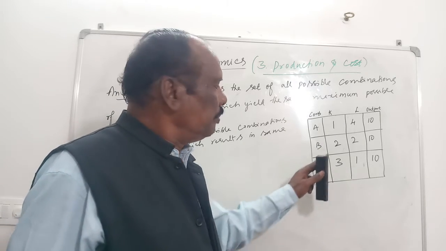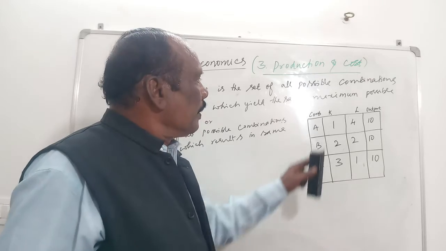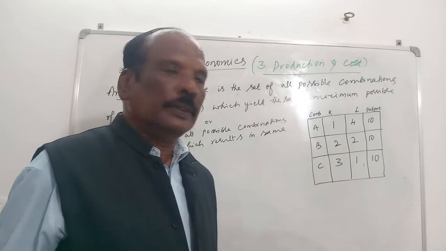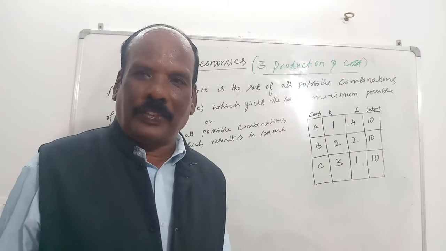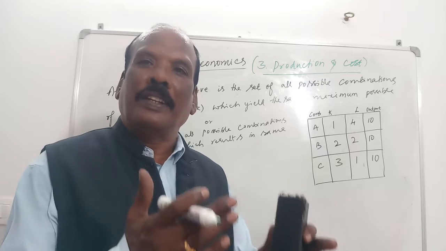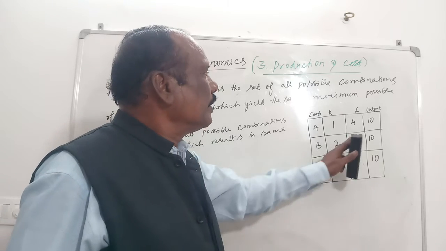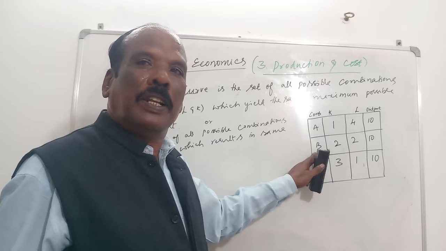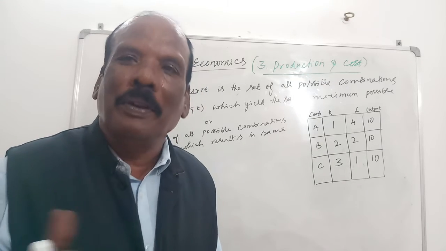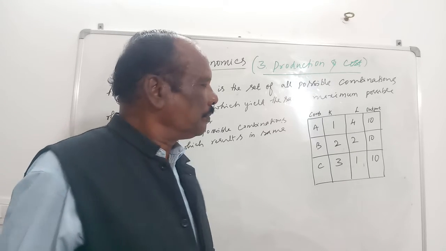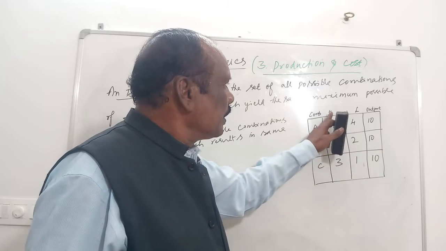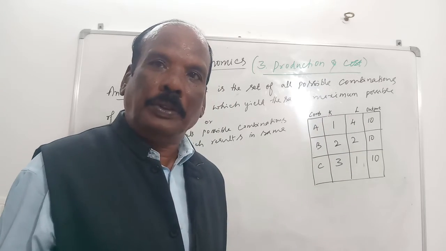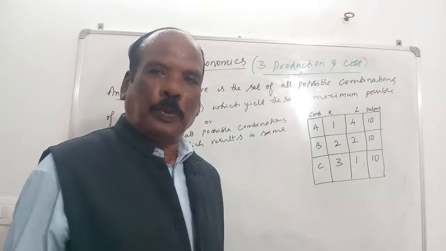Come to B combination, where capital is increased and labor is reduced. This combination also yields the same level of output. And these are the inputs, capital and labor, and they yield the output.